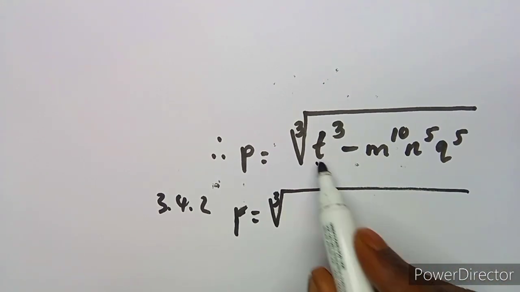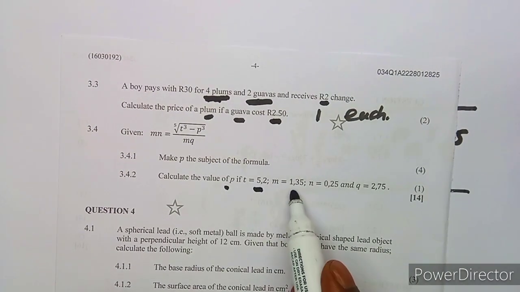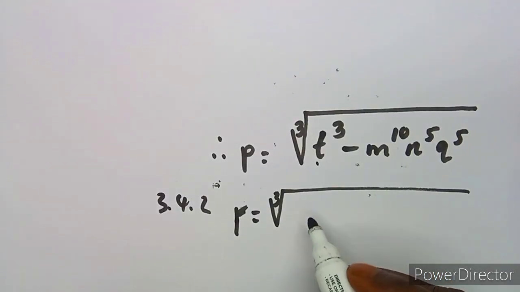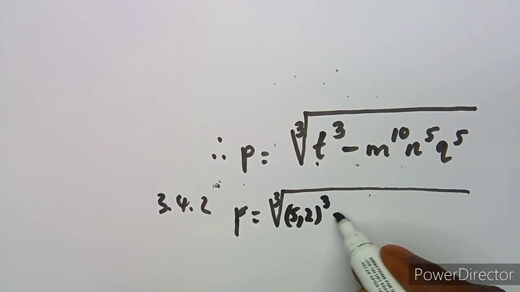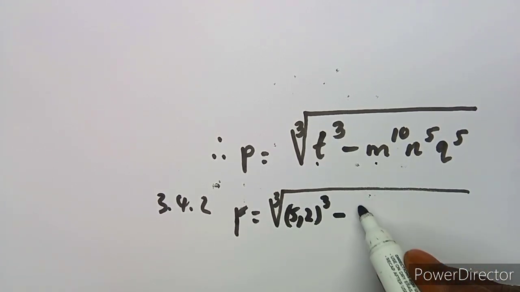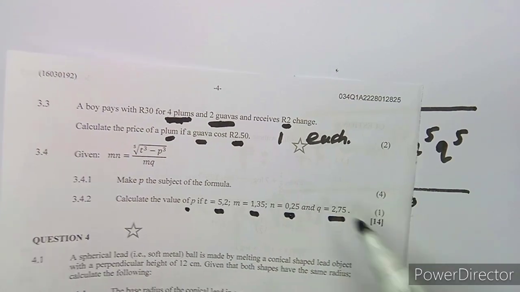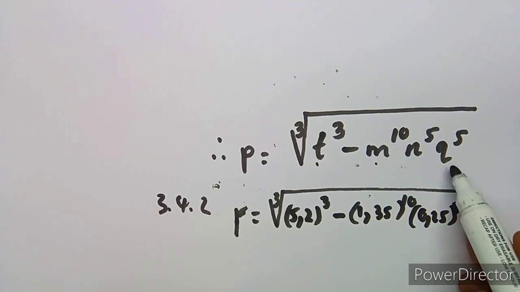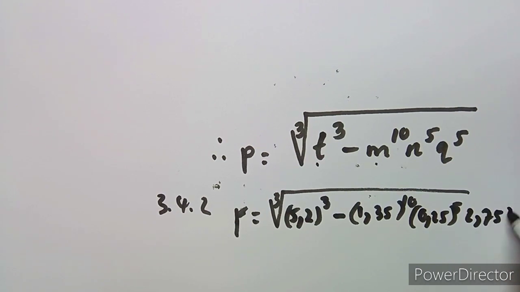The cube root of t, t is 5.2, so you just substitute these values in place of each. So t there, it's 5.2 to the exponent of 3 minus m, which is 1.35, to the exponent of 10, n which is 0.25, exponent of 5, your q, which is 2.75, to the exponent of 5.